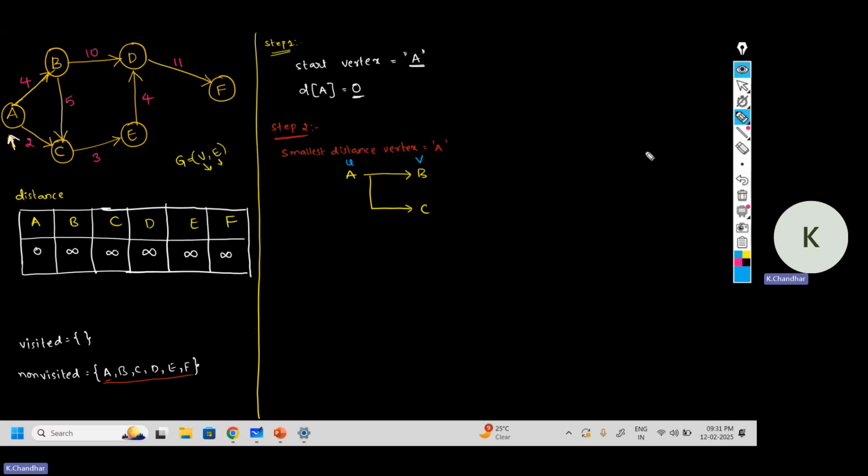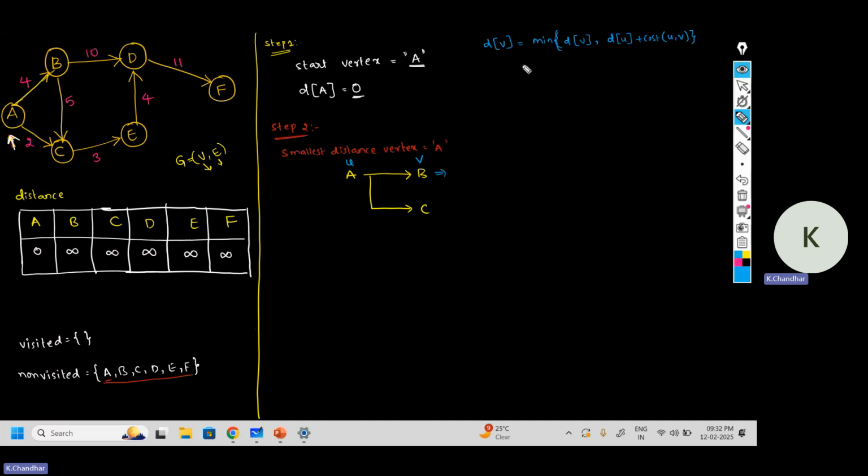So what is the equation I said? Distance at V, V is the vertex, this one. How can I represent this? Minimum I need to calculate from distance of vertex V and distance at U plus cost between U comma V. Okay. So I am going to substitute these U comma V values in this case, and I need to calculate which distance we need to pick. Minimum distance I need to pick.